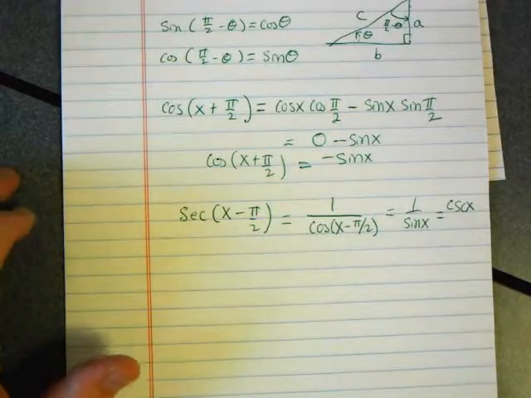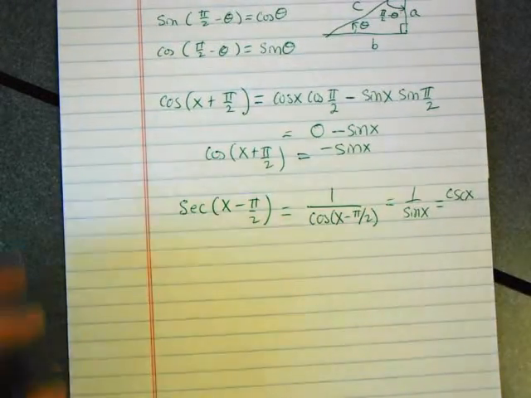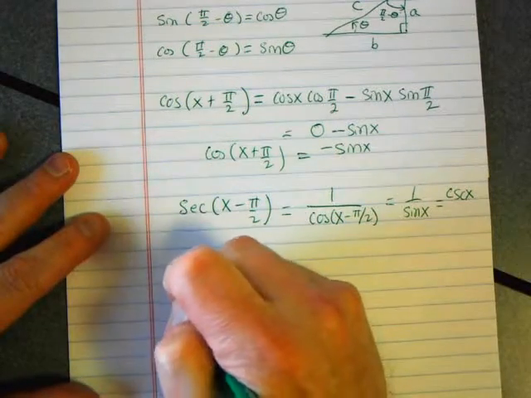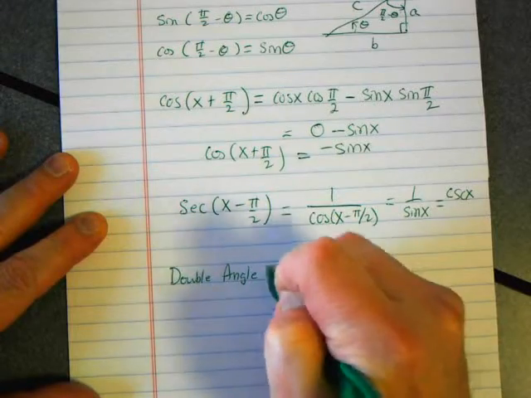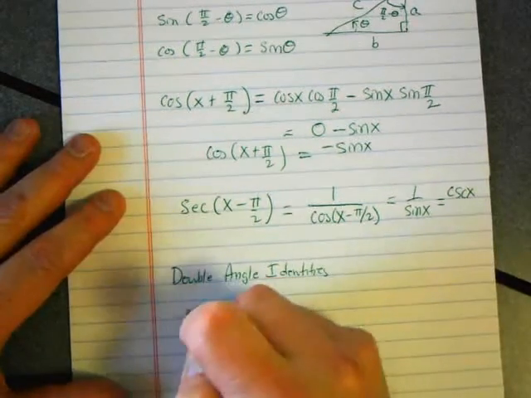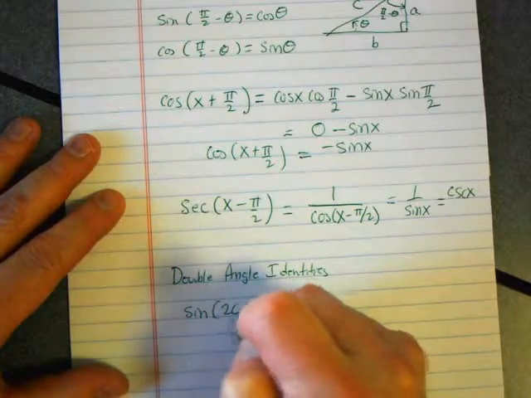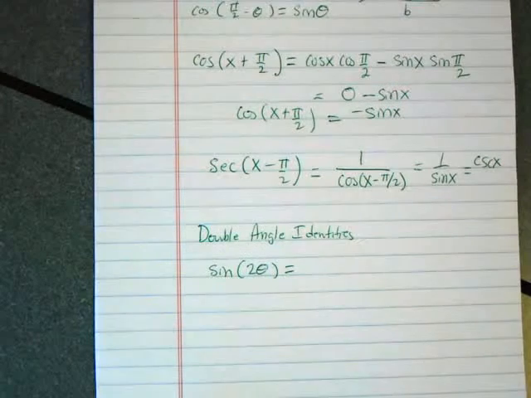All right, the next formulas that we have are called the double angle identities. So we're going to have a formula for sine of 2 theta.